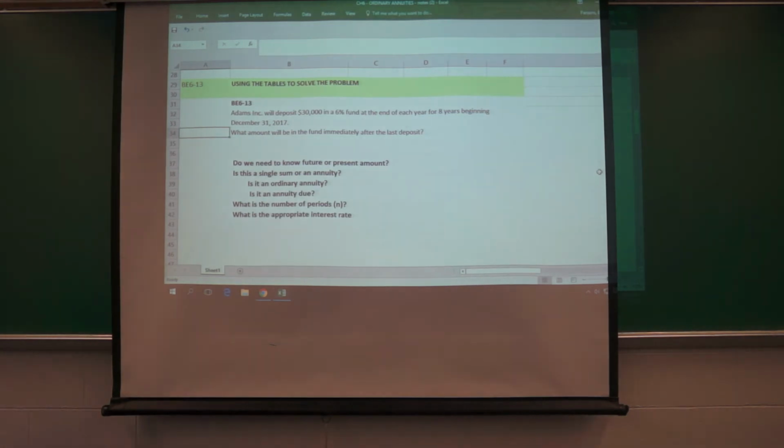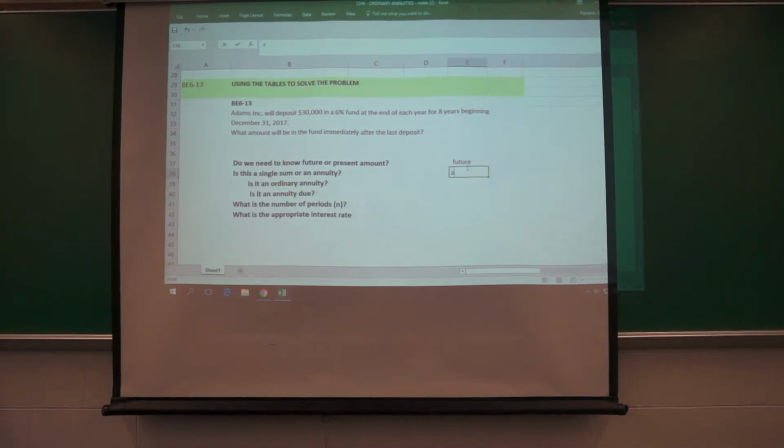If they're investing $30,000 in a fund at the end of each year, starting at the end of 2017, what amount is going to be in the fund after the last deposit? So we know what we're going to be depositing. We want to know how it's going to end up. So we need to know the future value.